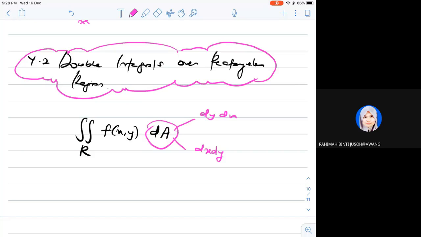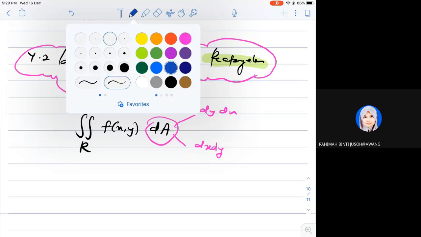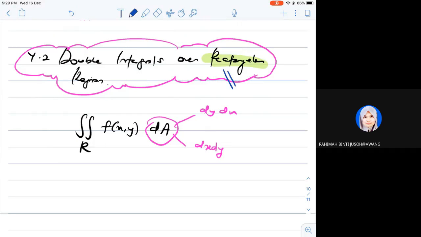In rectangular region, you can simply change the order of the integration, because rectangular region means all the limits are constants.